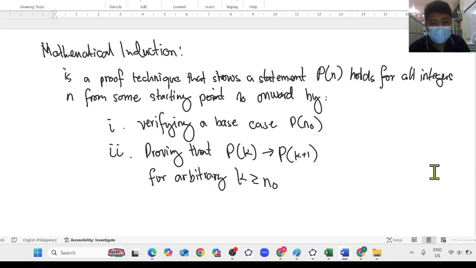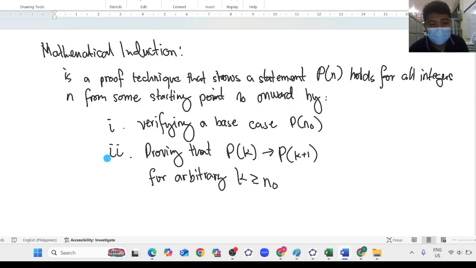Our discussion today is mathematical induction, or the principle of mathematical induction. It's a proof technique that shows the statement P of n holds for all integers n from some starting point and onward.